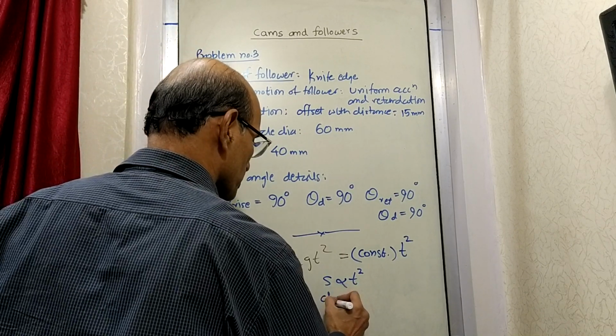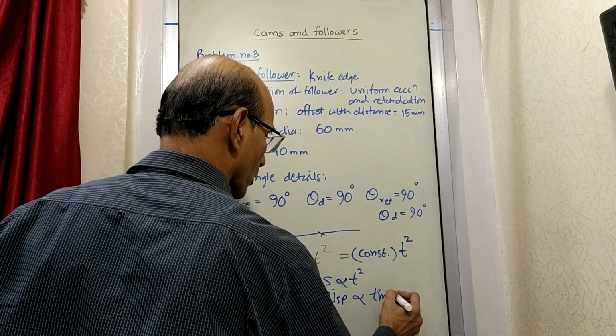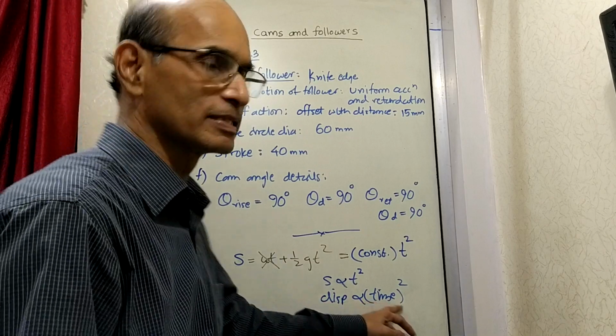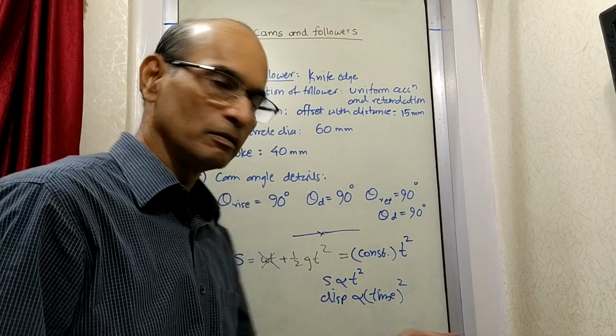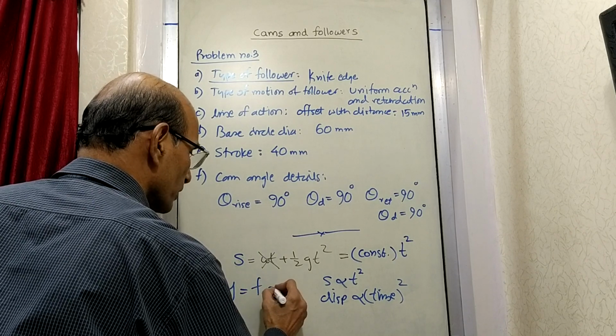So I write here displacement proportional to square of time. Now when function is like this, then I'll write one function. Y is a function of x square.